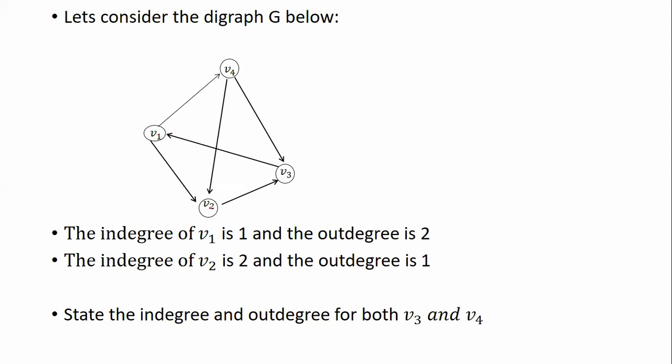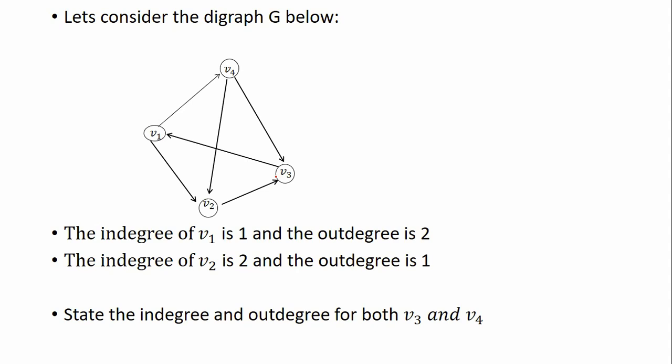Let's go to V2. V2 to V1: 0. To V2: 0. To V3: 1. To V4: 0. Okay, let's go to V3. V3 to V1: 1. V2: 0.